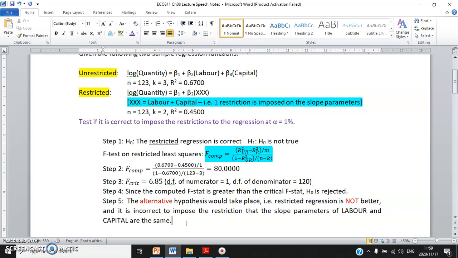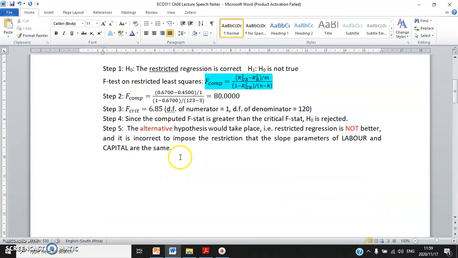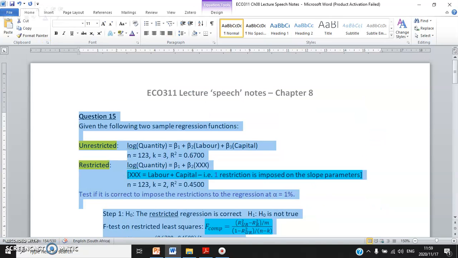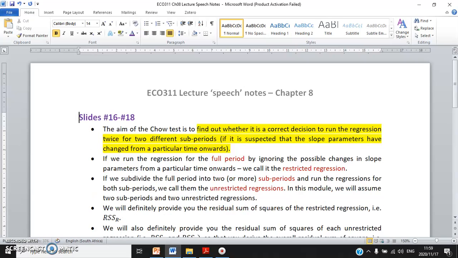So in other words, it means any one of the two variables should have a greater impact on log of output. In other words, it is the wrong decision to assume that additional quantities of labor and capital would have exactly the same impact on the increase of output, log output in this question. Okay, so this is the third type of F-test, restricted least square.